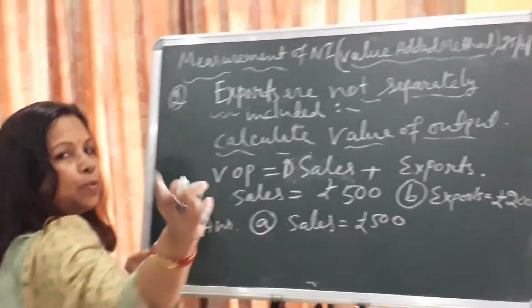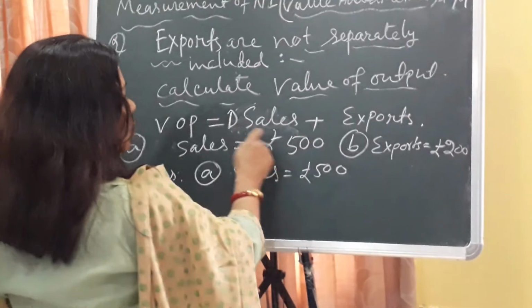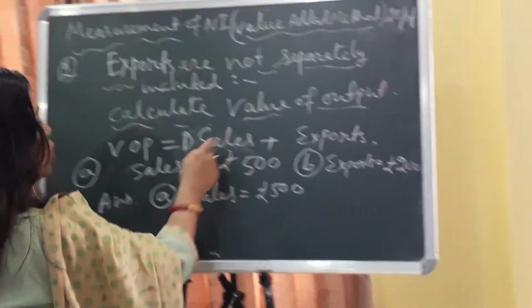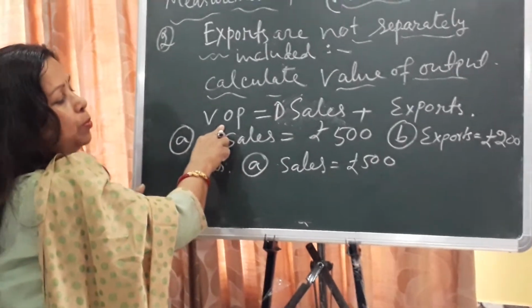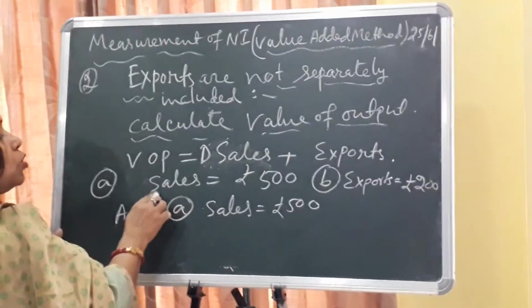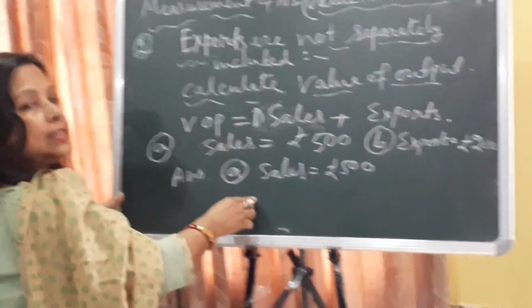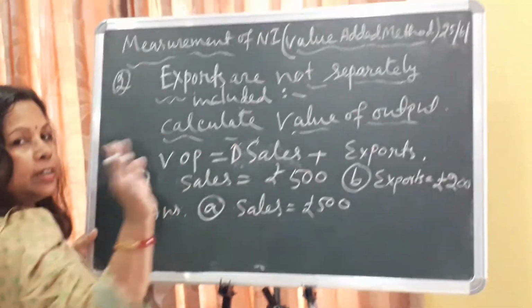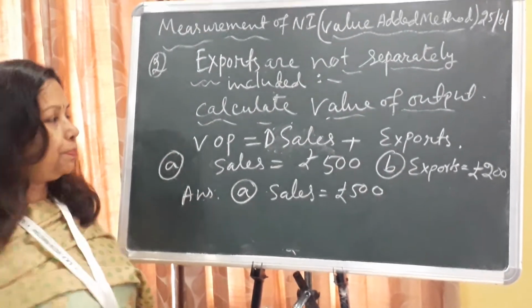So here exports are not included. Domestic sales plus exports are both included in value of product or output, but when it is asked to calculate value of output, with sales 500 and exports 200, only sales will be calculated, not exports. Clear?